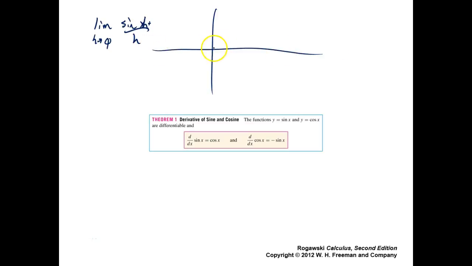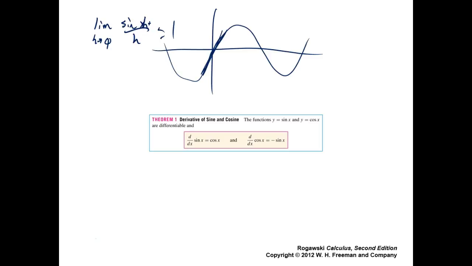The sine function starts at 0 and goes like this, right? And it continues like this. The h goes like this. So basically, they're almost on top of each other. It's 1. Okay. Yeah, this limit is 1. That was one of the biggies we did.